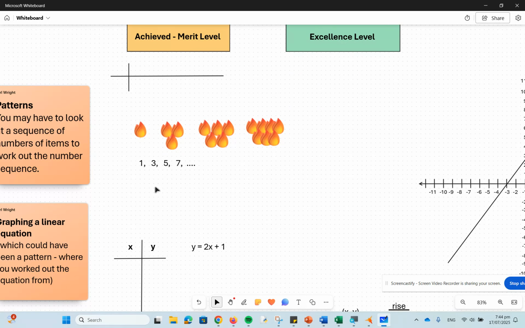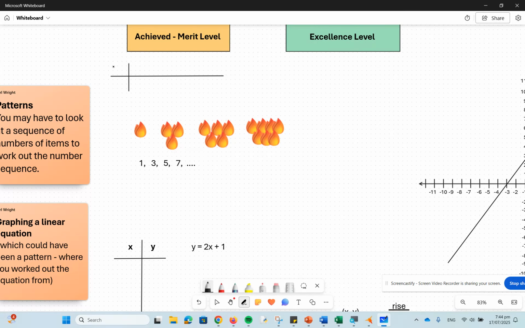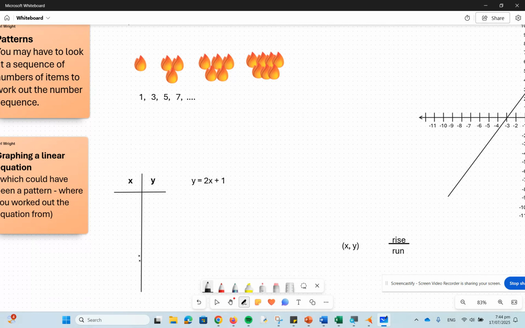Okay, so to do this, I will create an X and Y table. I'm going to do this with pen just for speed, using a little grid. This X and Y graph here is just a horizontal version of the X and Y that I've got down here.